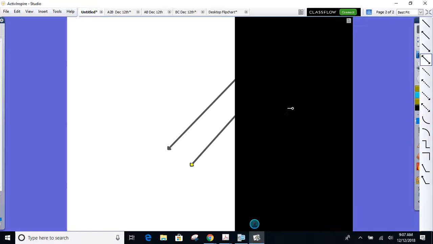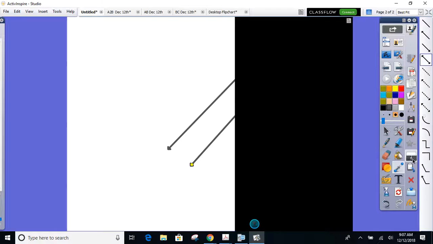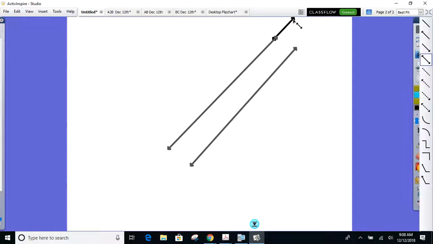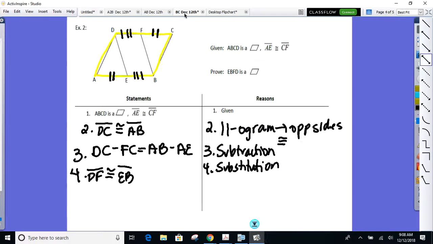Are these pieces still parallel, even though I shortened the line? Everyone agrees they are? All right, what if I make this even longer? Are they still parallel? Yes. I'm trying to show you guys, going back to that proof, if DC and AB are parallel, shouldn't the shortened pieces also be parallel? Yes, and that's a theorem I'm going to give you today.